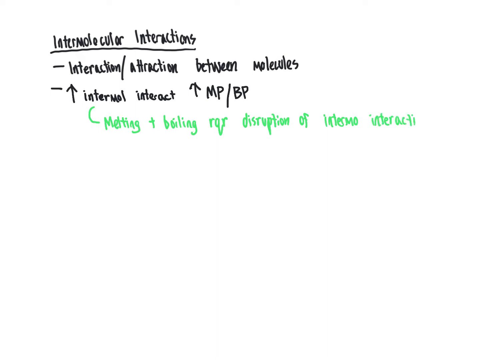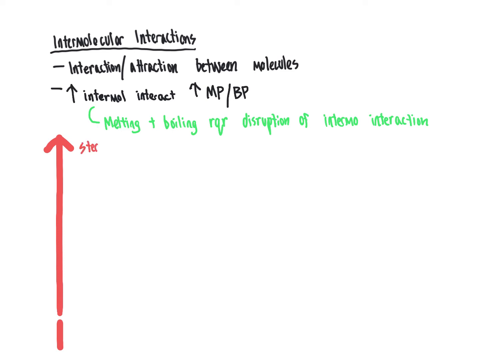So, what types of intermolecular interactions should we be focusing on? I'm going to list these in order from the strongest type of intermolecular interaction that we will focus on, going down the list toward weaker and weaker intermolecular interactions. So I'm going to go ahead and draw here along the sidebar an arrow indicating increasing strength of the intermolecular interaction.